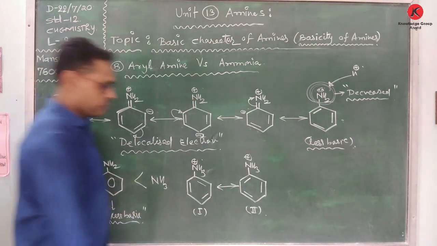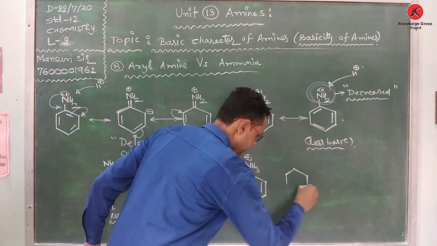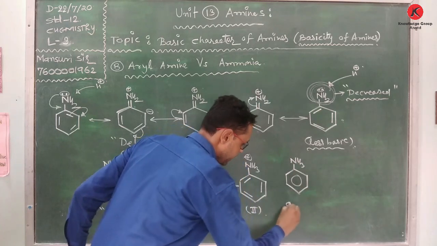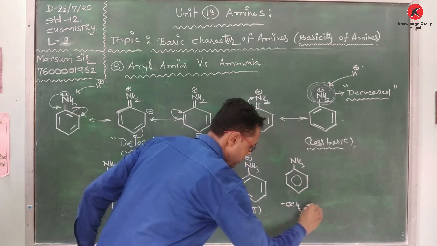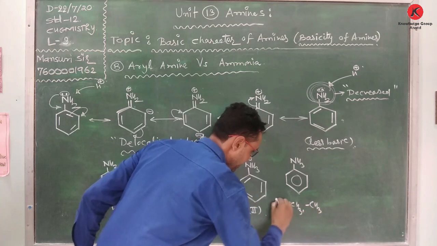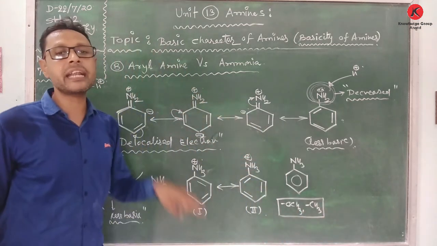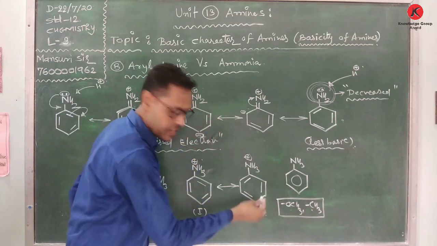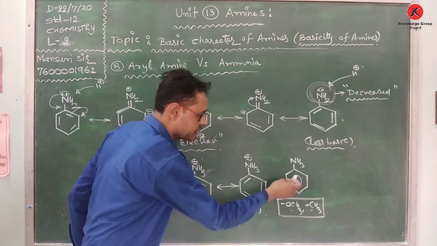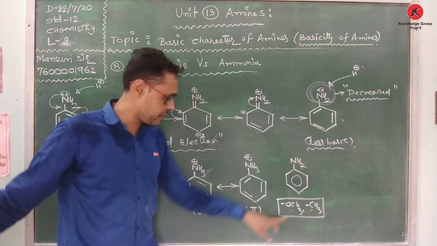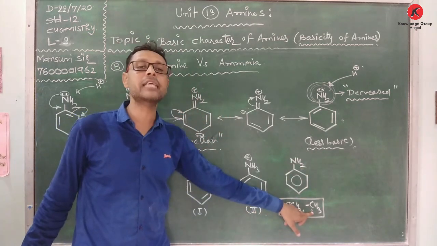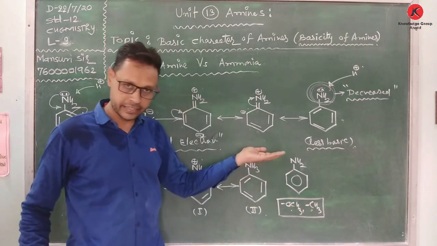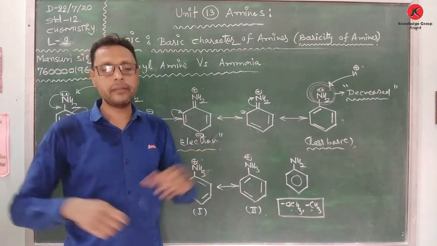Now, in this case, whenever aniline possesses an OCH3 group and a CH3 group, these two groups are electron donating groups. If we join these groups toward the aniline, if methoxy, methyl, this type of electron donating group is attached to the benzene ring, then what will happen?